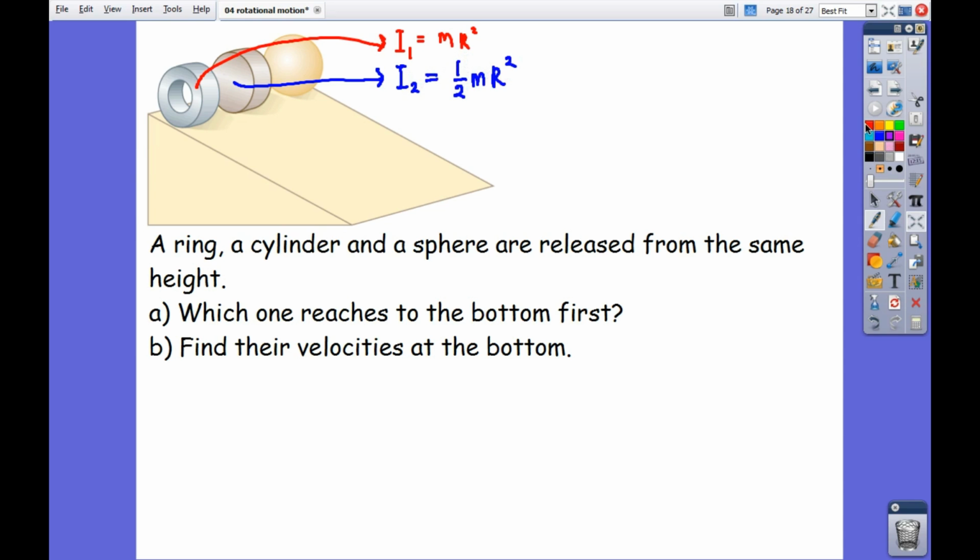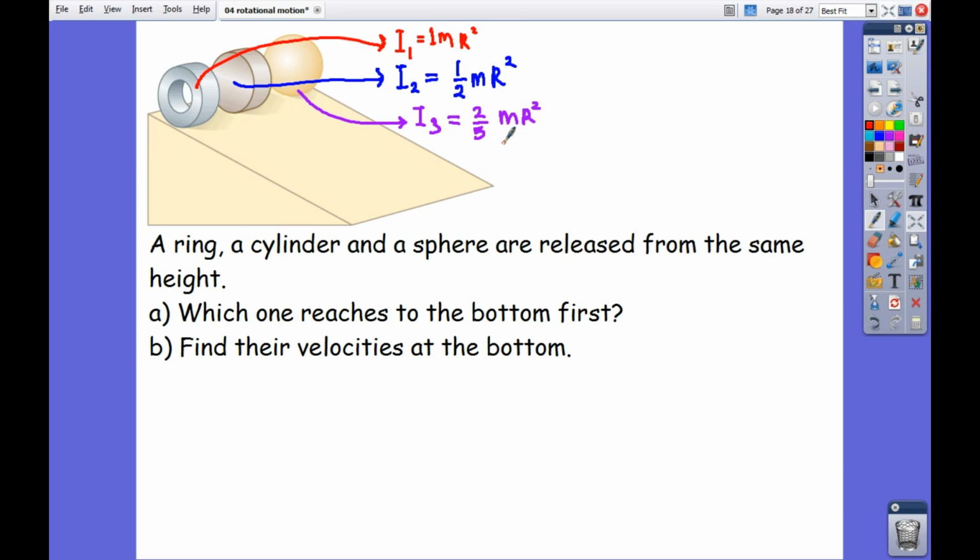And for the third one, the sphere, it has 2/5 m r squared in moment of inertia. Here in the ring, actually there is 1 in front of m r squared. m r squared times 1 becomes m r squared, so we don't write it.